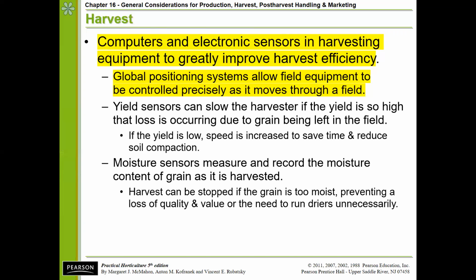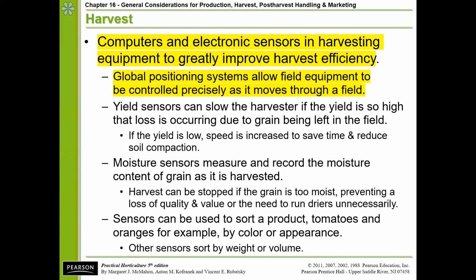So what do some of these sensors do? Well, there's some that actually are sensing the yields, and if we have a lower yield, it can increase the speed at which it's actually harvesting. We have moisture sensors that basically will skip over crops if they're too moist, especially in the case of grain, or if they're too dry.